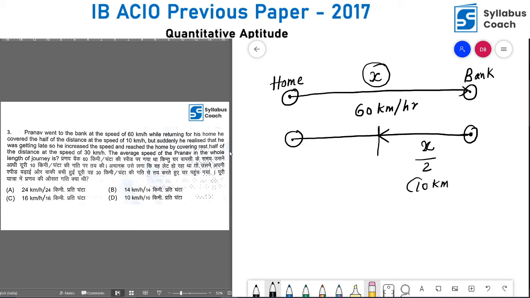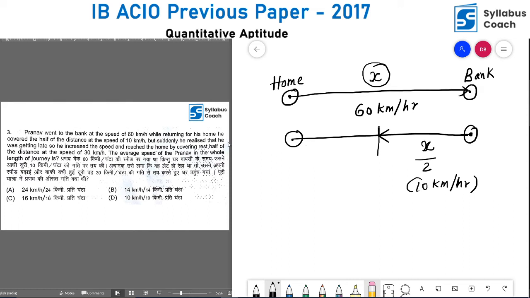at 10 km/h. Now it is also mentioned that suddenly he realized that he was getting late, so he increased the speed and reached the home by covering the rest half of the distance at the speed of 30 km/h.